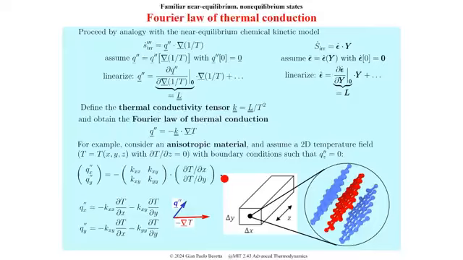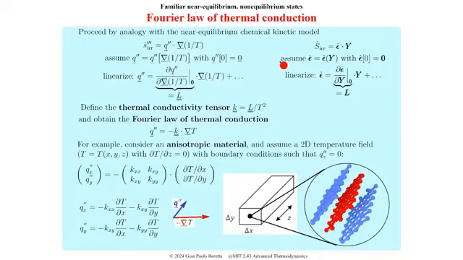All right, so we have seen the analogy in the structure of the rate of entropy production with the chemical formalism. Affinity times rate. Rate of heat exchange, and so the affinity is the gradient in the temperature.